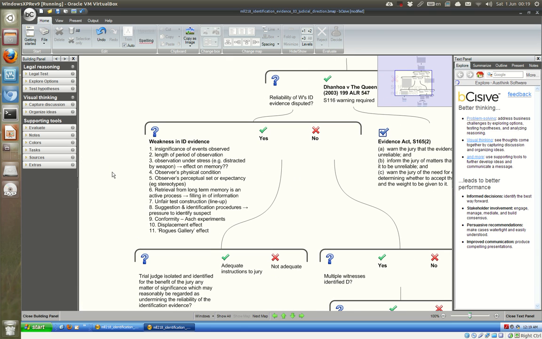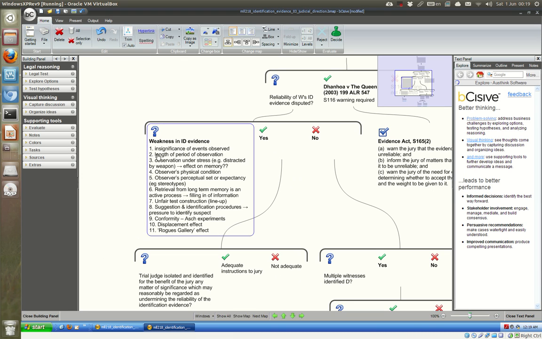So on what grounds might the reliability of the witness's identification evidence be disputed? There's the insignificance of events observed, there's the length of period of observation, whether the witness just got a quick glance, whether the observation was under stress. For example, there are studies to indicate that if you're under a great deal of stress, your recollection might not be very clear. However, archival evidence suggests very strongly that people who are under enormous pressure do recall things very clearly, all things being equal.